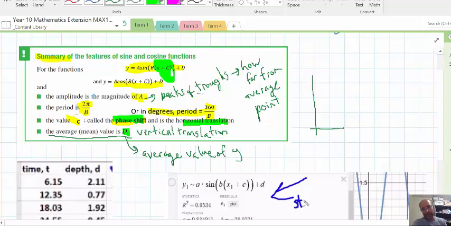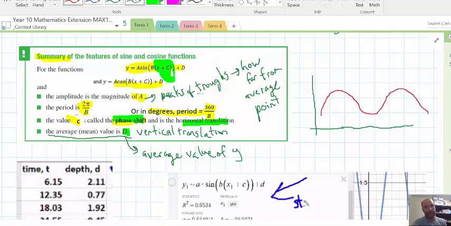Okay, so for something very rough like this, if we have a graph sitting on that, like that, something like this might be the average.